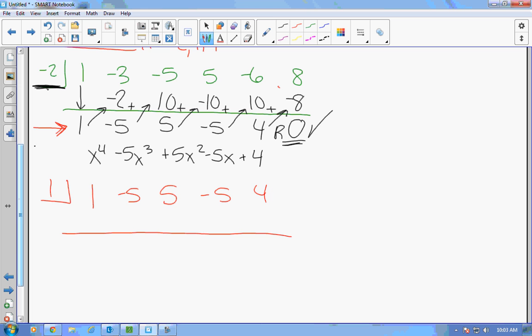What are you hoping to get at the end? A 0. If you don't get a 0, I would carefully check your work first. And then, if you don't get a 0, then that means this is not actually an x-intercept. Do we get a 0, or do we get something else? Get a 0. Audrey, put up, please.